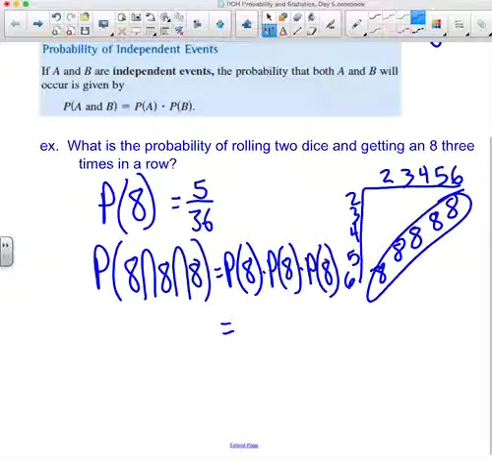So in other words, it's the probability of rolling an 8 cubed in this case, right? So we'd have 5/36 cubed.